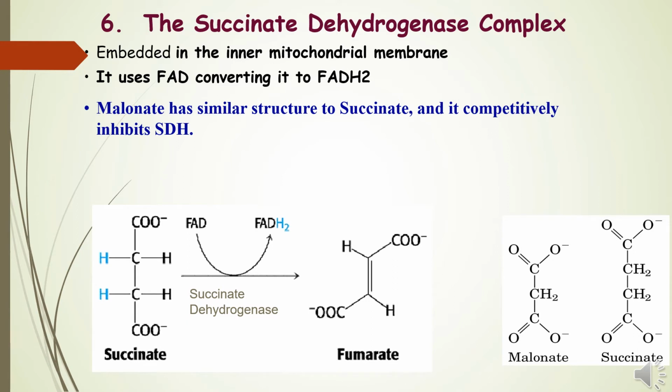ده التفاعل الوحيد اللي بيشترك فيه كوإنزيم غير الناد وهو الفاد. الفاد أو FAD molecule, the coenzyme is responsible for transporting the hydrogen carried from succinate to the electron transport chain via complex 2 and finally giving 2 ATP molecules.